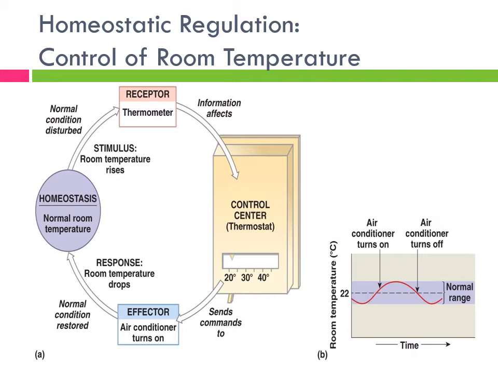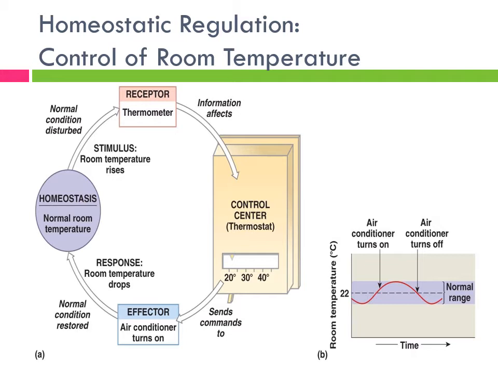The air conditioner in this sense is the effector. So the air conditioner turns on and blows cold air into the room, which is opposing the original stimulus and therefore bringing the room temperature back to normal. When we get back to normal, our homeostatic state, then the receptor says we're normal, the control center says, okay, great, everything's normal, I don't need to issue any commands.